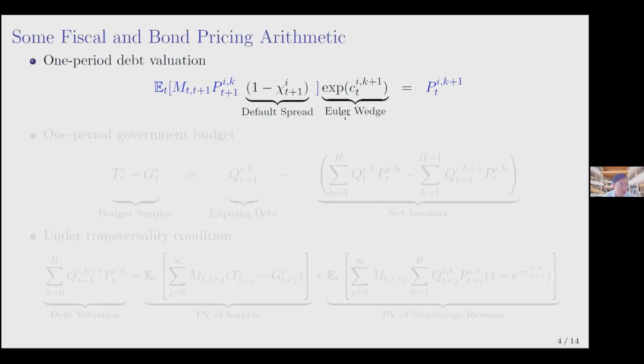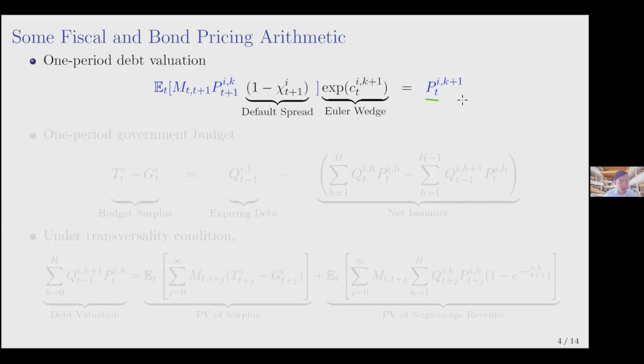Let's start with some very basic bond pricing formula. In the first row, we write down the Euler equation for the one period bond valuation. We use P to denote the bond price for country I with maturity K+1 at time t.